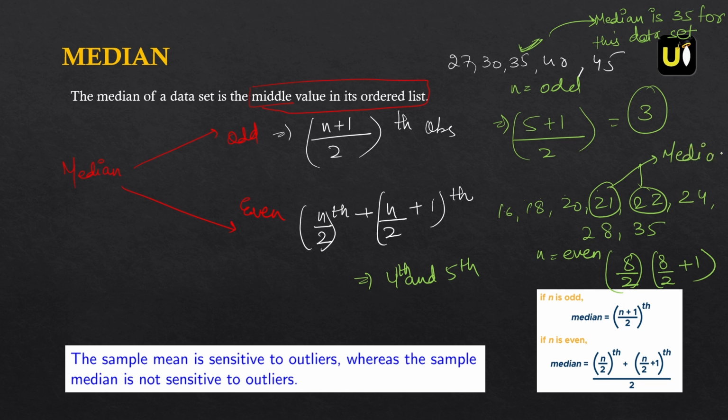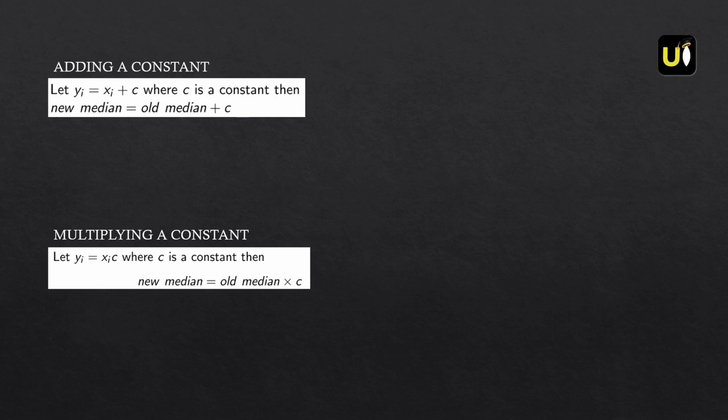Alright. So the sample mean is sensitive to the outliers, whereas the sample median is not sensitive to the outliers. This is important. You can get these types of questions in the test. Alright. So here we give some cases like adding a constant and multiplying by a constant.